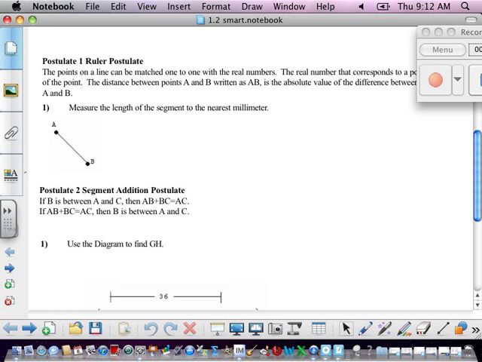So first of all, you want to look at your ruler. Is it in milliliters or inches? The one that you're looking at. You want to make sure you're looking at milliliters. And then you want to put it so that right at 0, you're at A. And tell me the length from A to B.